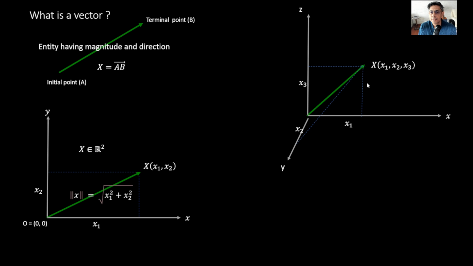Now on the right hand side we are showing that the same notation and same concept can be extended to three dimensions. This is presented as R3. Its norm is also calculated by applying the same rule. Basically the components are now not 2 but 3.